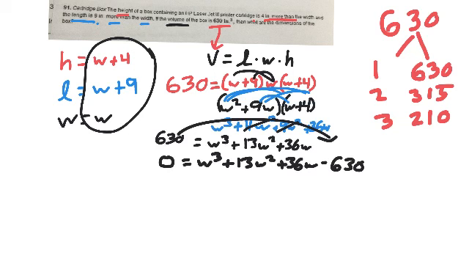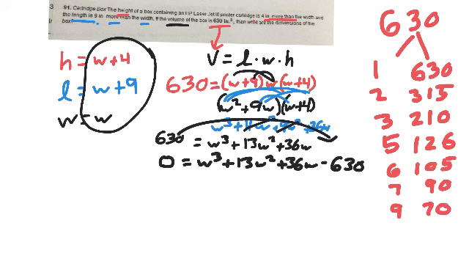I do not think 4 would work. It won't. 5 times 126, 6 times 105, 7 times 90, 8 shouldn't work. 9 times 70, 10 times 63.